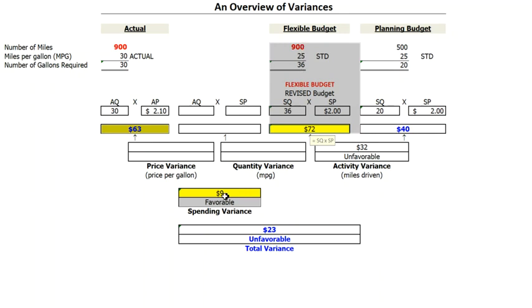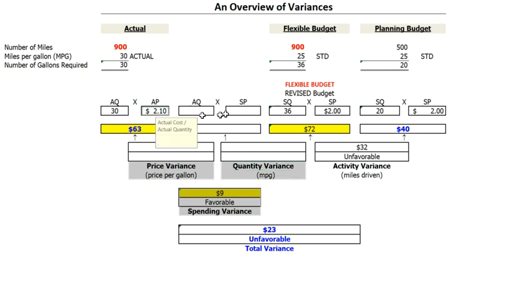Let's now break this $9 favorable spending variance down into two components, a price variance and a quantity variance. We had already suggested that our price variance would be unfavorable because we paid more per gallon. We're going to find our quantity variance will be favorable because we used fewer gallons than we would have expected. But let's work on those calculations.